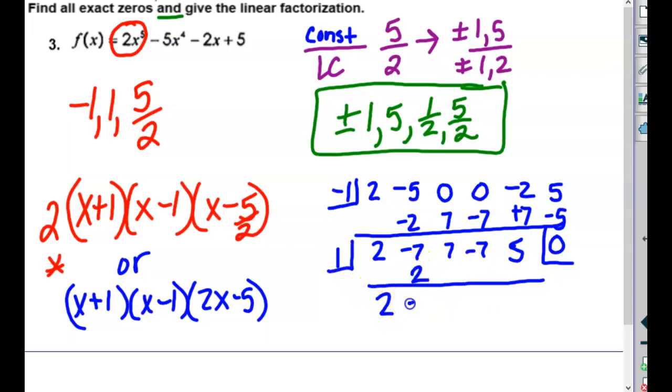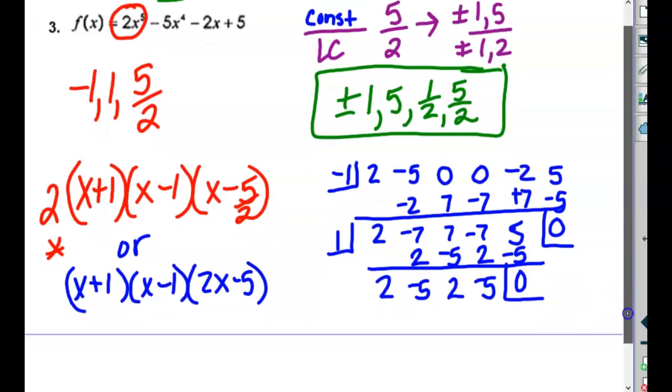2, negative 5, negative 5, 2, 2, negative 5, negative 5, and 0. Okay, my answer is totally wrong. Not really.